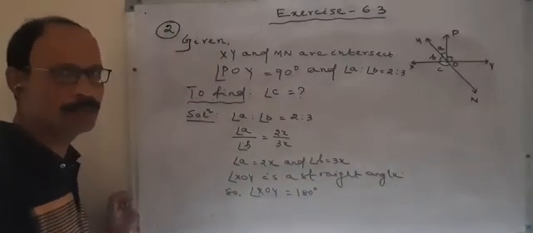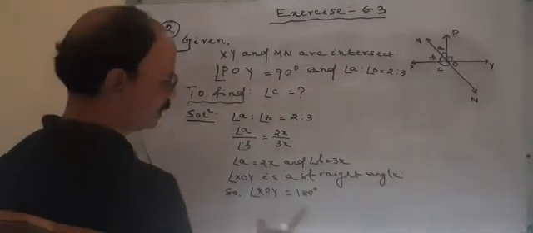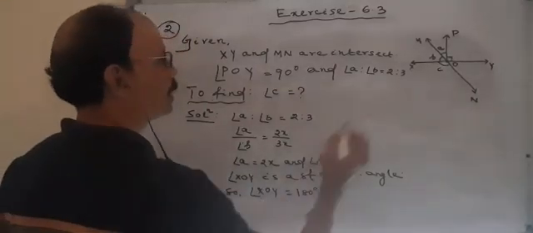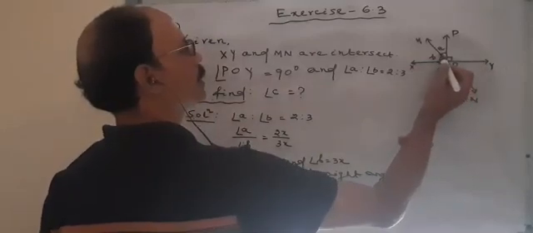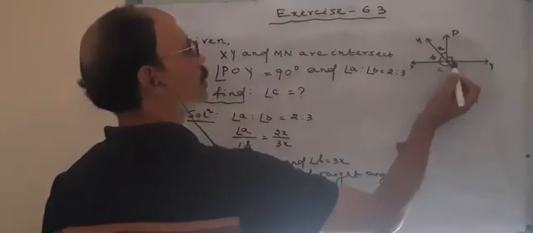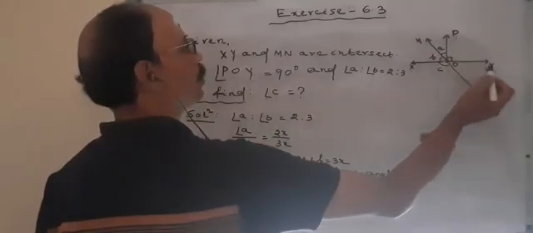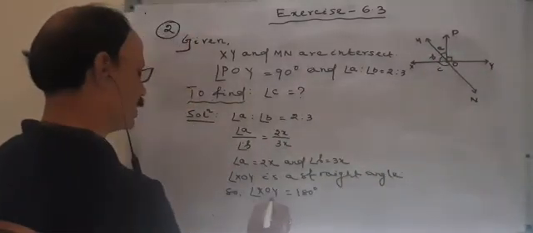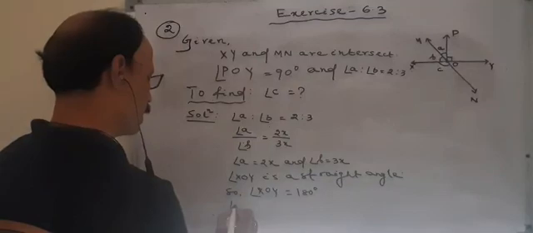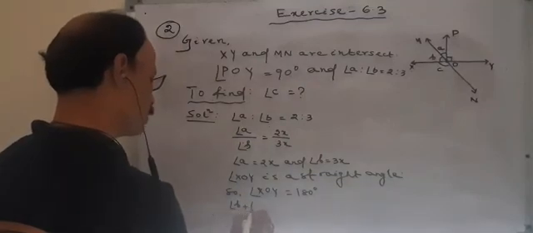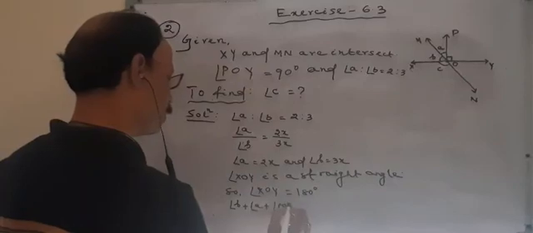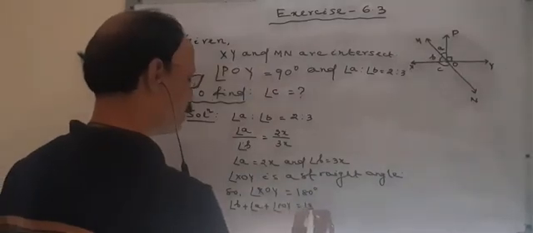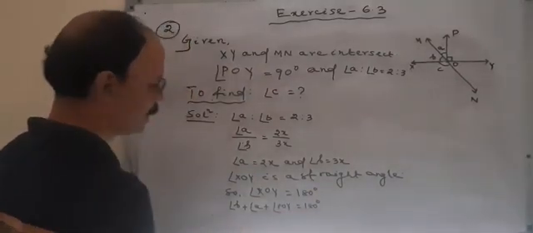So angle XOY is what? Angle B plus angle A plus angle POY. So let's write in place of here: angle B plus angle A plus angle POY equal to 180 degree.